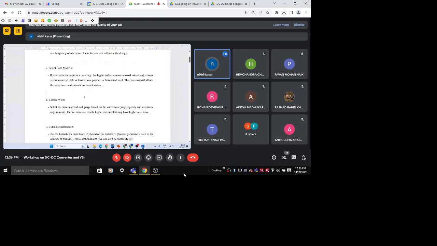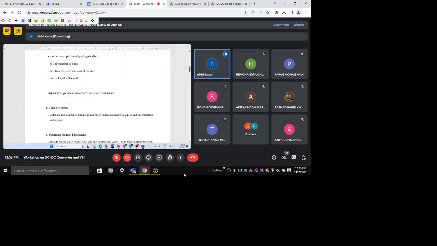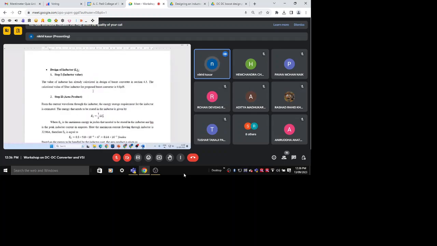Now the inductor design. We have just done the DC to DC converter, and we will now start with the design of the inductor.